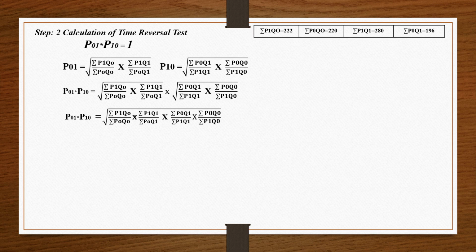So P01 into P10 is equal to the square root of summation of P1 Q0 divided by summation of P0 Q0 into summation of P1 Q1 divided by summation of P0 Q1 into summation of P0 Q1 divided by summation of P1 Q1 into summation of P0 Q0 divided by summation of P1 Q0.